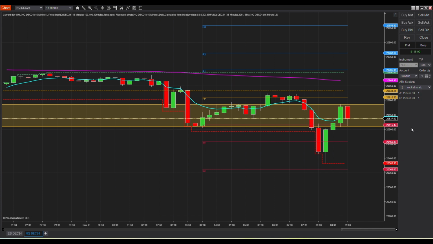8.57. As soon as it starts moving, giving us some momentum on the breaks, I'm going to go ahead and start scaling this in. $8.58.